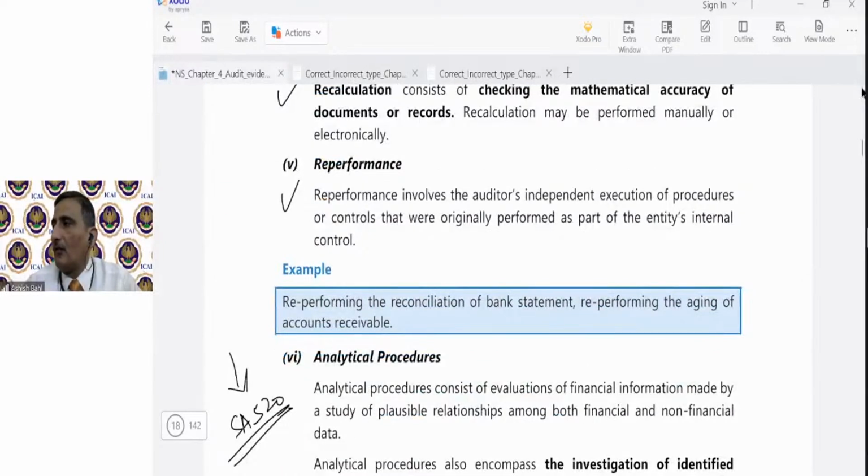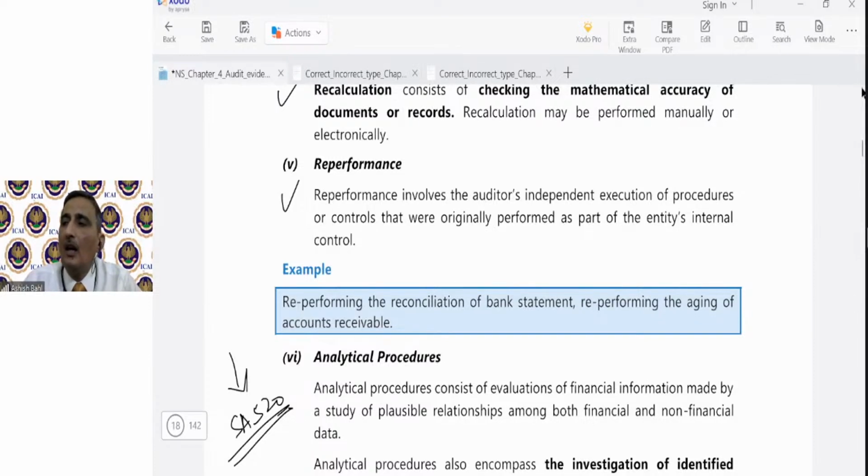So students, what were your remaining queries? Yes, Rahul Patel, how is physical examination of an asset different from observation? Already told in detail, Rahul. Observation is restricted to seeing what thing is being performed by somebody else.